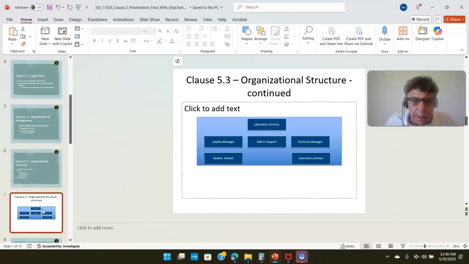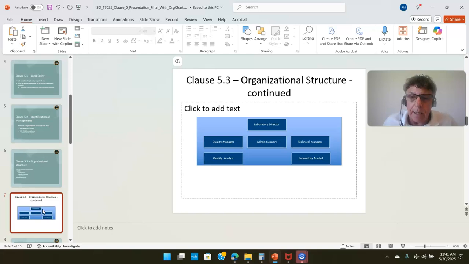So what you'll notice in this structure is that the quality manager and technical manager are independent of each other. In order to safeguard impartiality, for example, you don't want the quality manager reporting to the technical manager. That would not be an organization that would be structured to safeguard impartiality. But you'll notice in this structure, the technical manager and the quality manager report to the laboratory director.